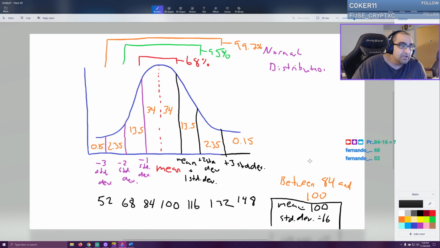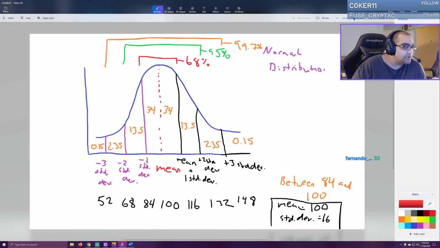Now, our question here is between 84 and 100. This is why I put these numbers in in an appropriate way, and I want to show you how we can get our answers here, because what we're trying to do in this problem is find out what percentage of data items are between 84 and 100 in this normal distribution.